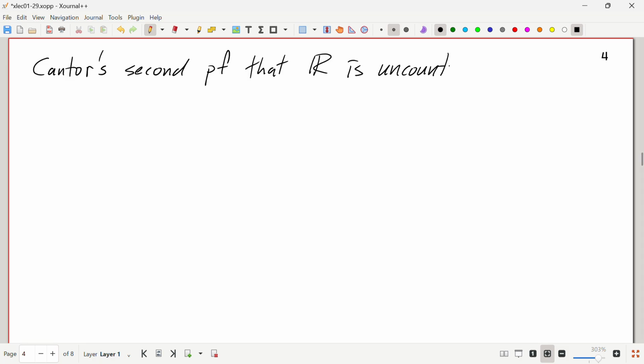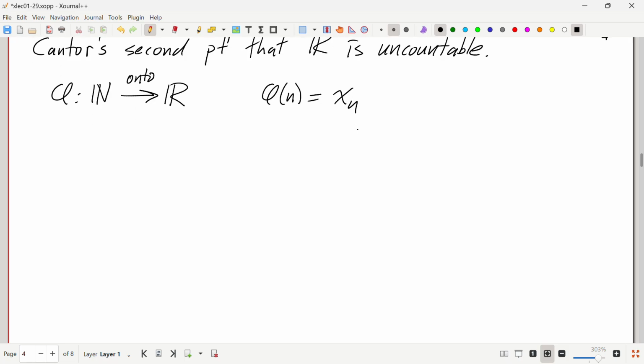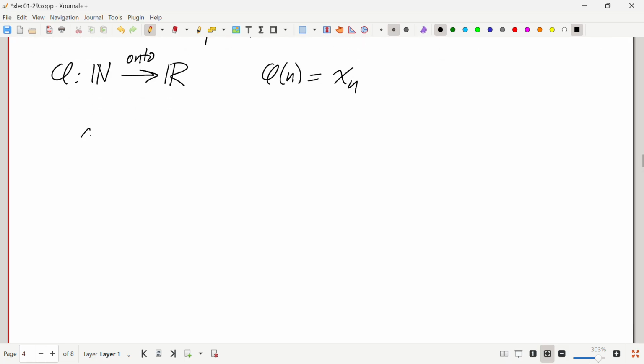I'll recap what I did. Remember, I assumed that there was a phi that was onto R, mapping the natural numbers to R. And I would write phi sub n is x sub n. And then I would expand these x sub n's in a decimal expansion. Let's make it not just onto R, but onto, how about, 0, 1.